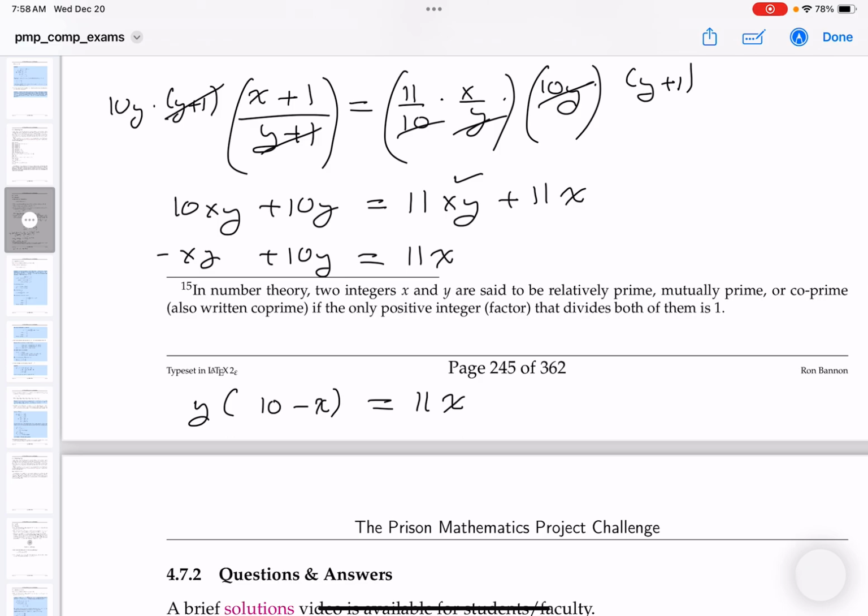All right, so what do I know? Well, these are integers, right? So both sides have to be integers. You can't have fractions. They're integers, we know that much. So I know y must divide into 11x.